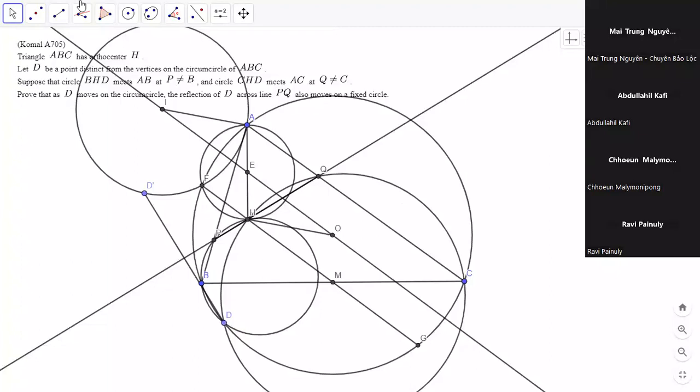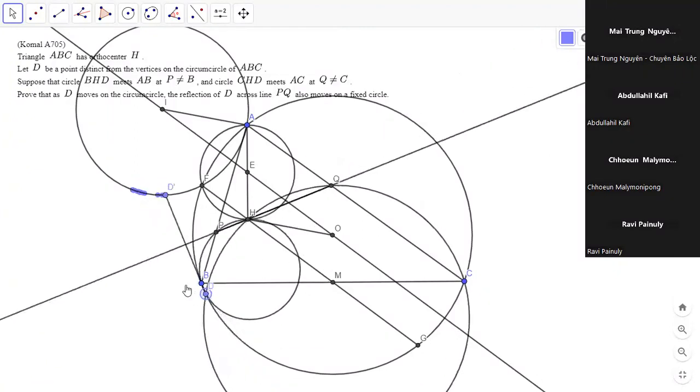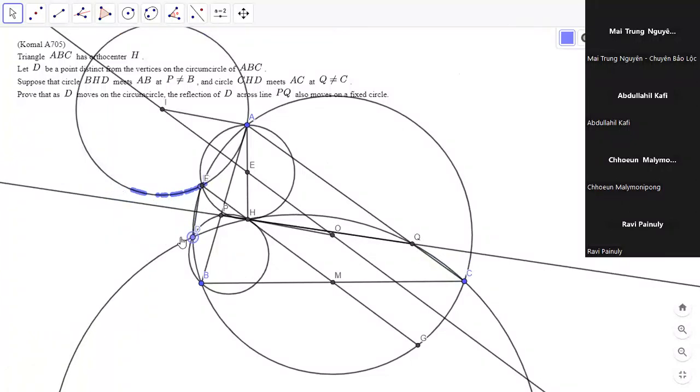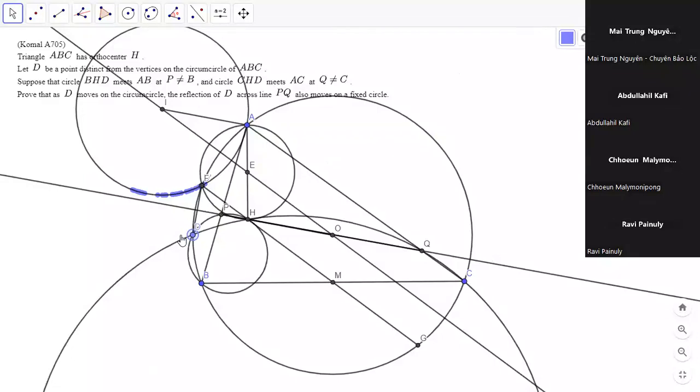Are there any degenerate cases that we can show this for? Like this. Okay, so this would be where we take where OH meets the sides, and then we draw the circles. Okay, so this case is trivial.